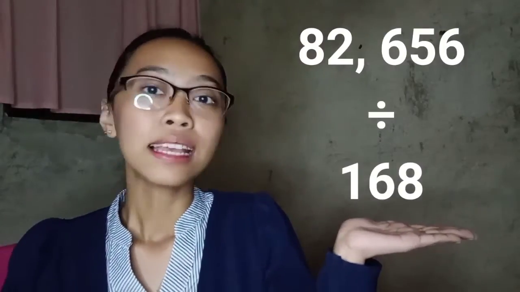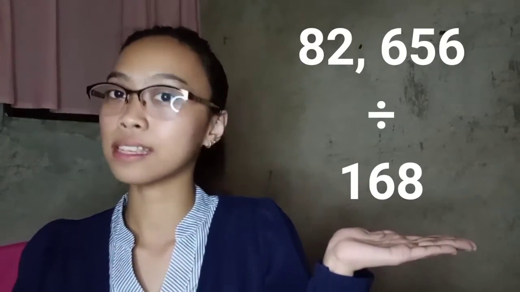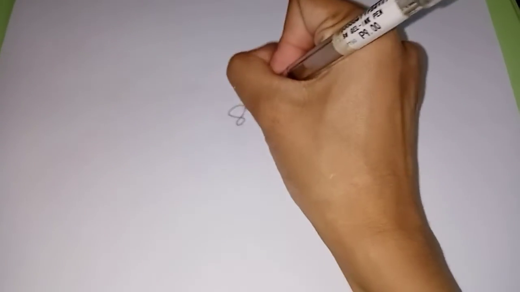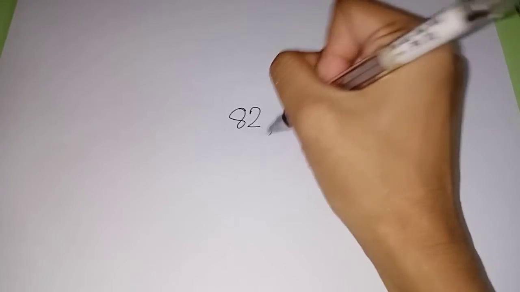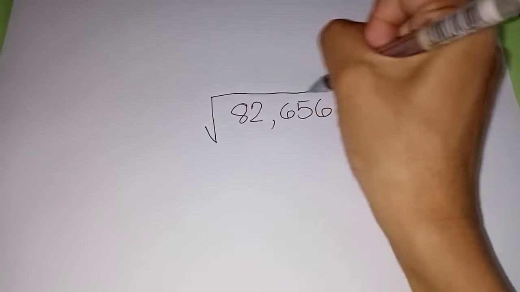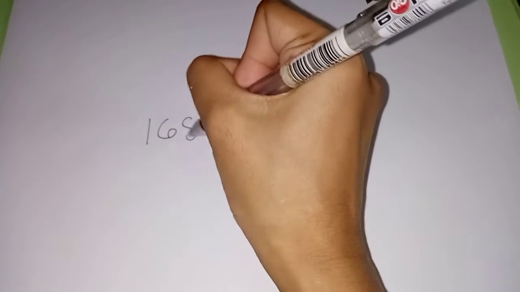And now let's proceed to division with this example. 82,656 divided by 168. Now let's proceed to our second equation, and this is for the division. 82,656 divided by 168.